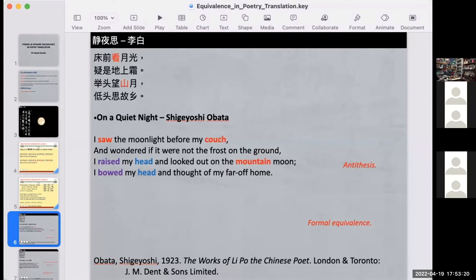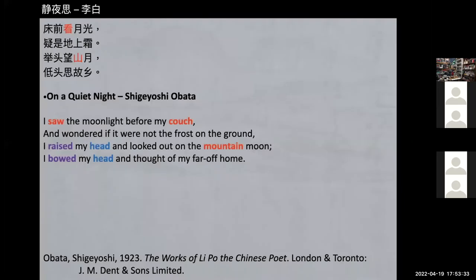So if we try to analyze his translation and try to see if it's formal or dynamic: I saw the moonlight before my couch.